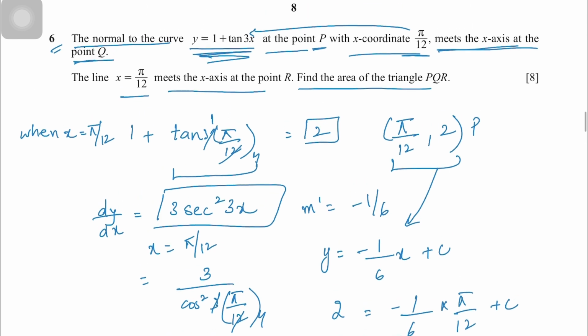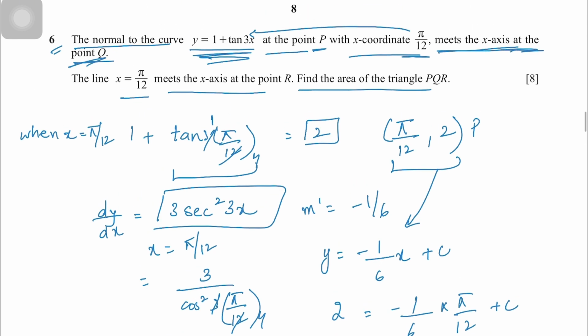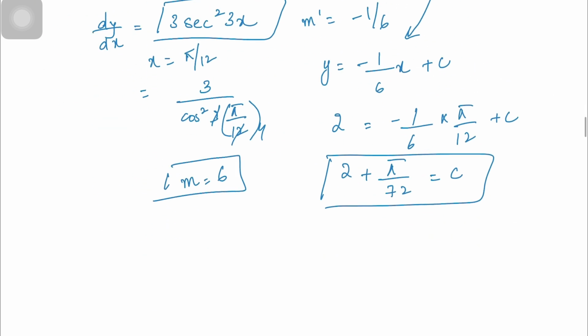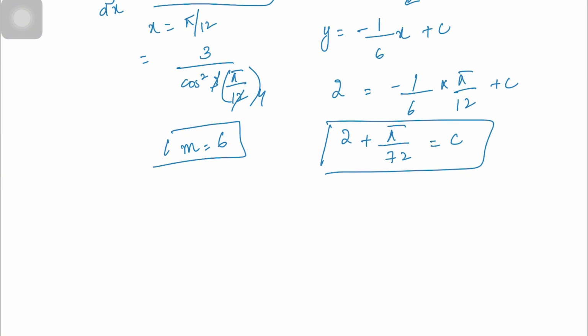Since it meets the x-axis at point Q, the x-axis would be y equals 0. So we can write this as y equals negative 1 over 6 x plus 2 plus pi by 72.